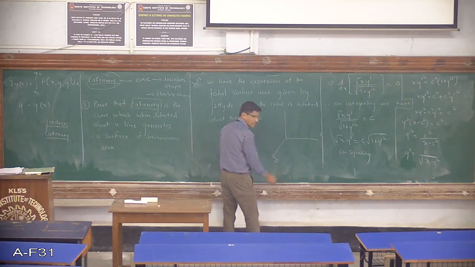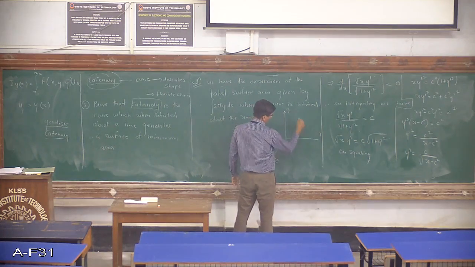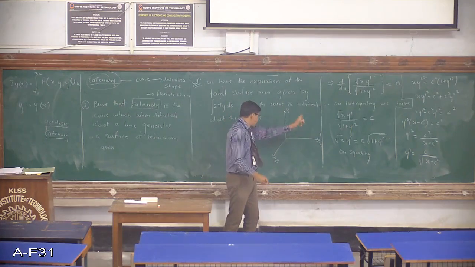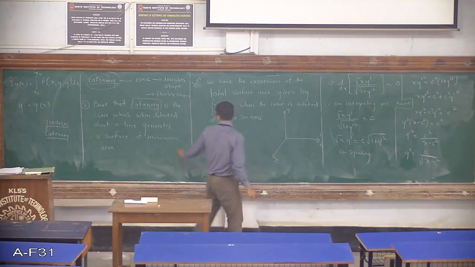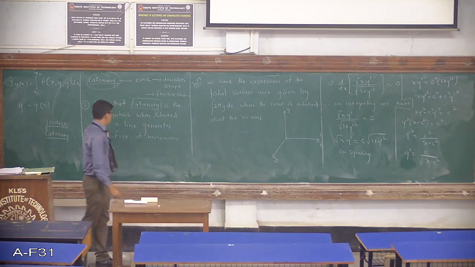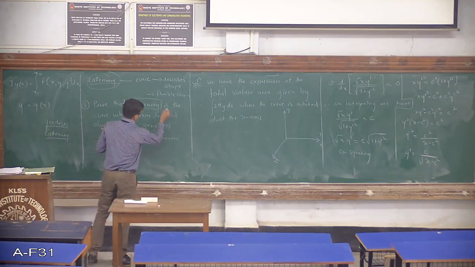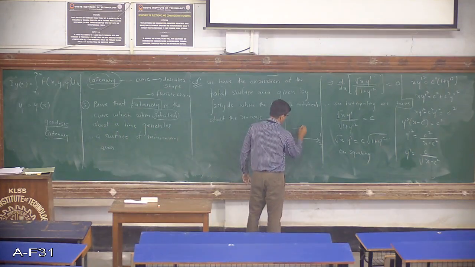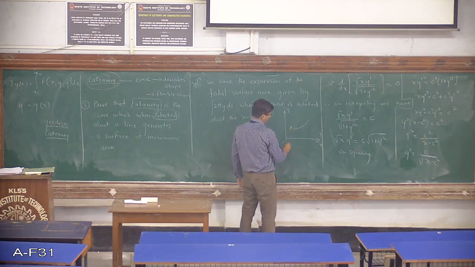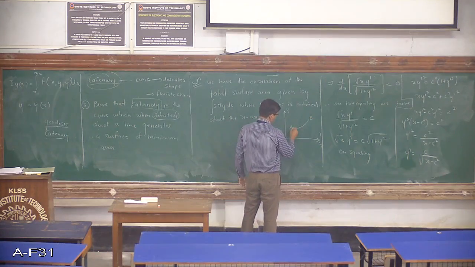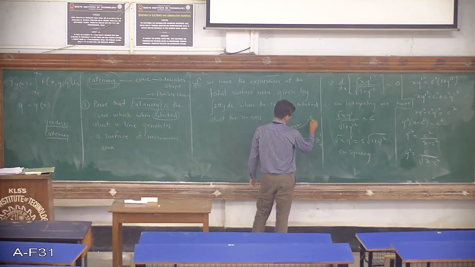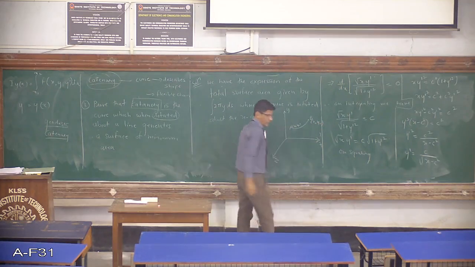This is Z, Z is 0, this is Y and this is X. I generate my curve here, which generates the surface of minimum area when rotated. I will take a curve and name its endpoints A and B, and let the points of A be x1, y1. You can take it as P, Q, any other alphabet, and this is x2, y2.